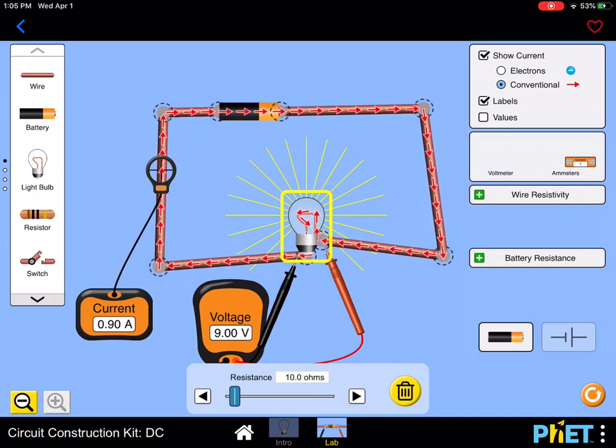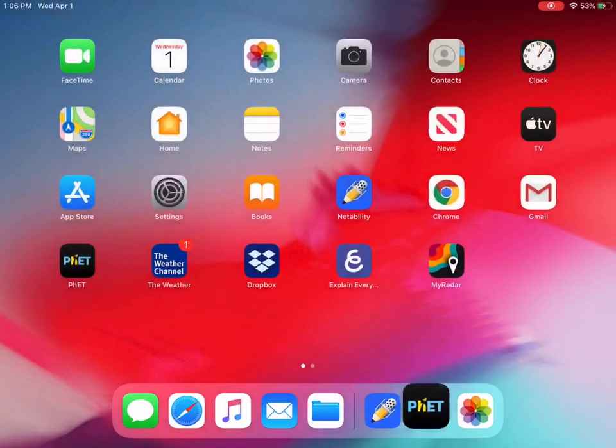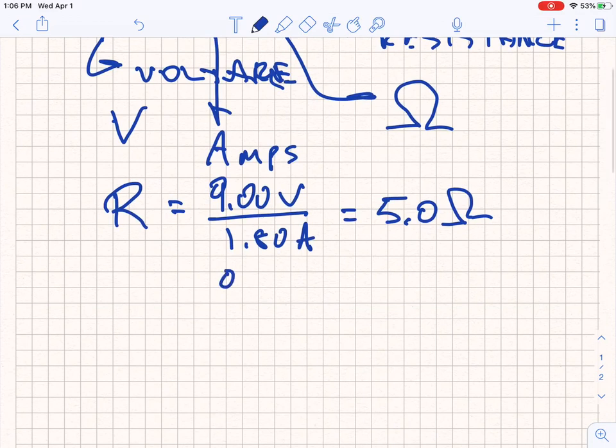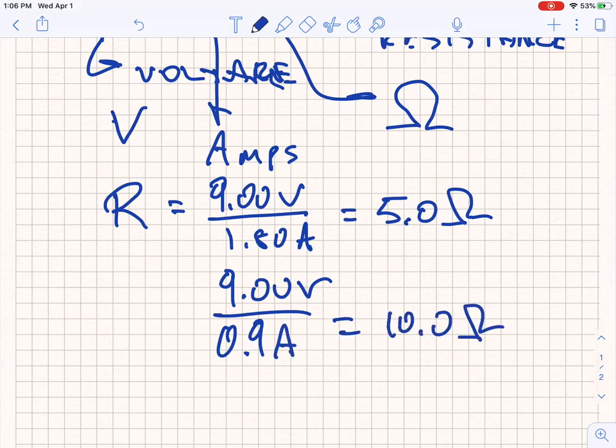So notice that even though I've increased the resistance to 10 ohms, my voltage is still 9 volts, but my current has dropped down to 0.9. So what's important here is that I'm keeping the voltage the same. If I go to that calculation, now I've got 9 volts, I divide that by 0.9 amps, and oddly enough, I get 10 ohms.